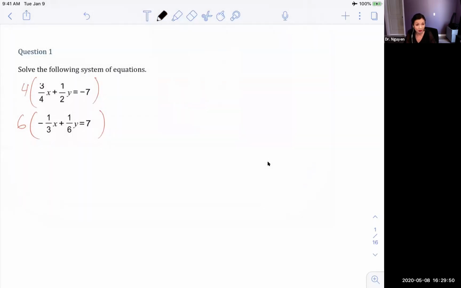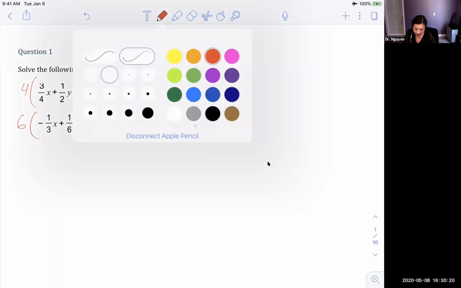So now we have new equations. The top one is going to be 3x plus 2y equals negative 28, right? For the bottom one, we have negative 2x plus y equals 42. Now we can proceed and use elimination. You can pick x or y to eliminate, it really doesn't matter, but in this case, I think y is easier.